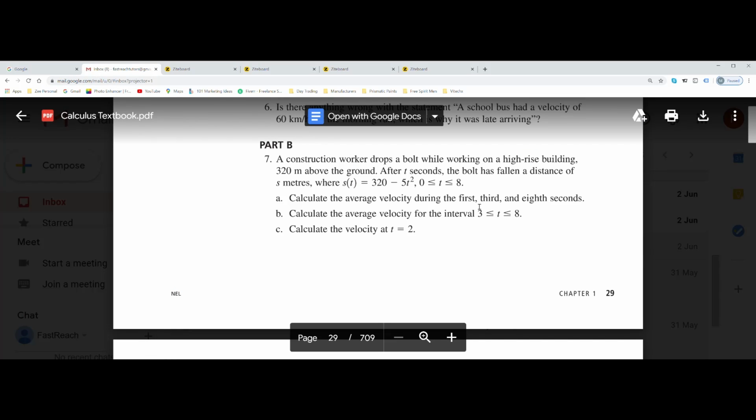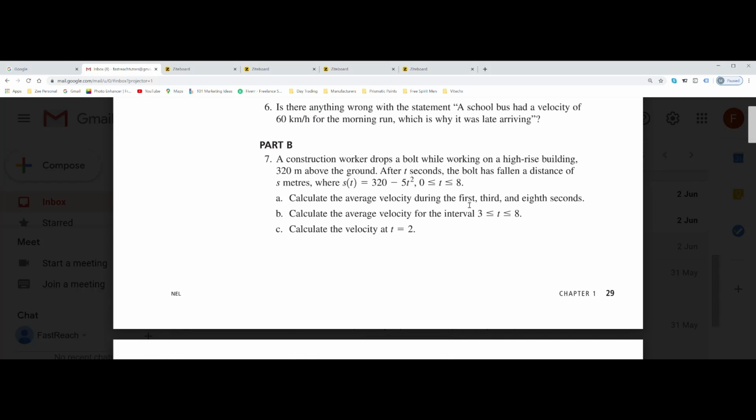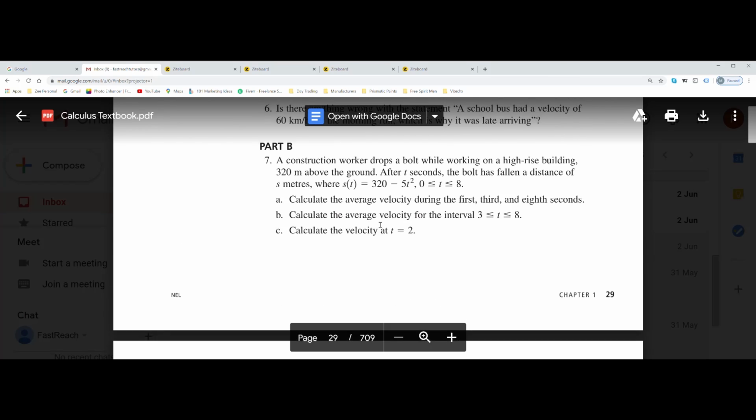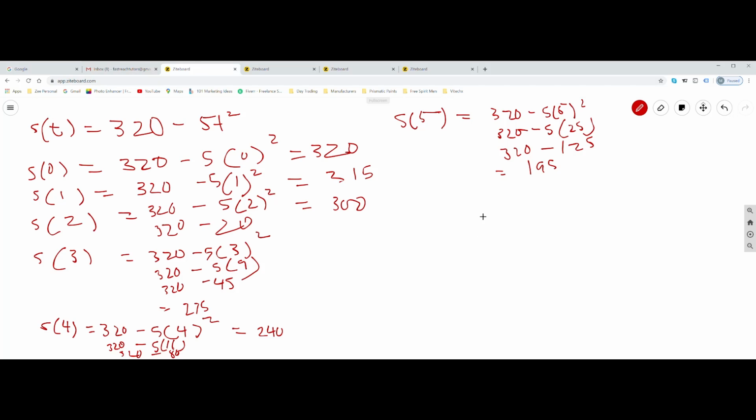Okay, so let's see what we found. Calculate between the first, third, and 8th seconds. Okay, so for the first second, the average velocity is equal to what is it at the first second?